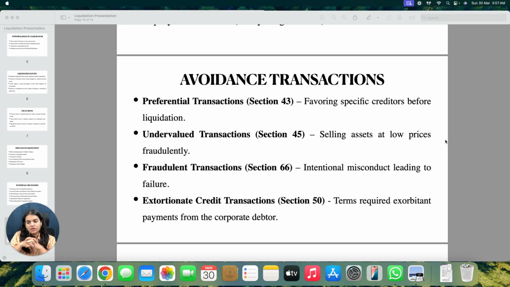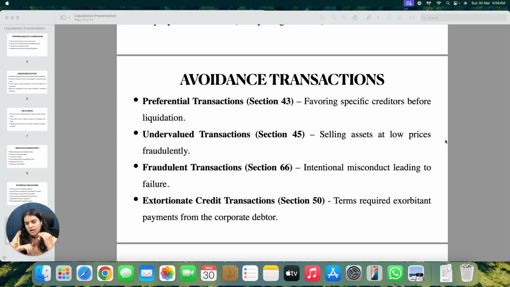And if such assets are being sold with a fraudulent intent to defraud creditors of the corporate debtor, it falls under the purview of Section 49, which states sale of assets at an undervalued rate to defraud the creditors. An application to that effect will have to be filed by the liquidator or the resolution professional.